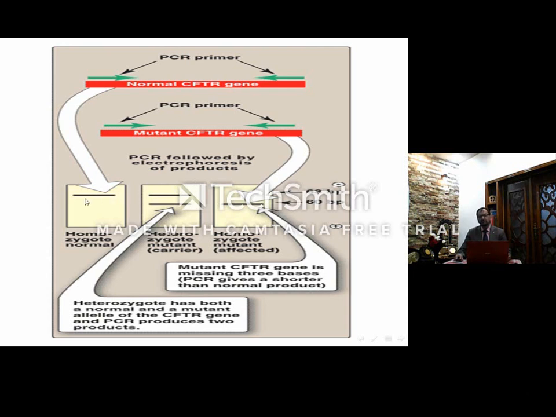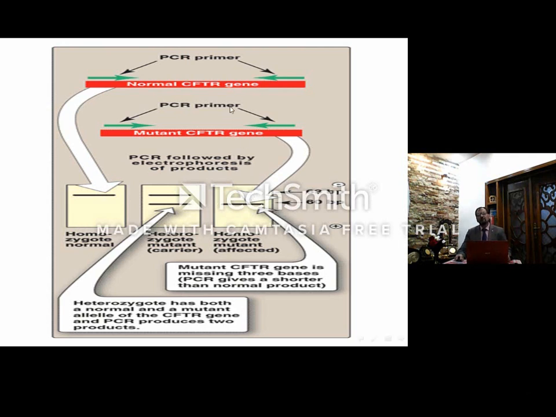So if we have taken his DNA, amplified it by PCR, and done electrophoresis, you find only 1 band whose size is 63. This means that this subject is homozygous normal. This means that he has got 2 copies of the normal gene.